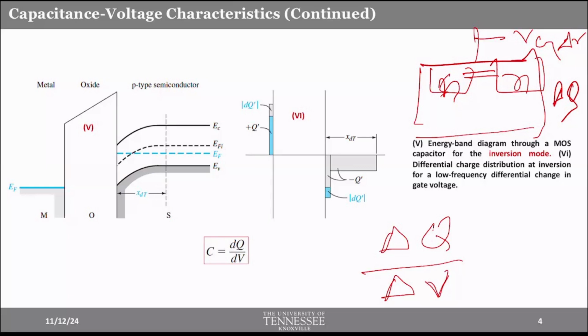So if I have a lot of charge, but the charge is not changing, for example, I have charge, but it is fixed, do I have any capacitance? Think about it. Anyone? If I have a fixed charge, let's say here, just a hypothetical case, let's say I have a lot of charge here. I'm changing the voltage here, but I see that the charges are not changing.